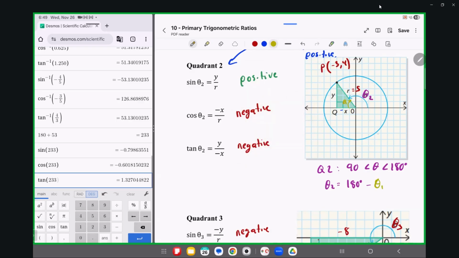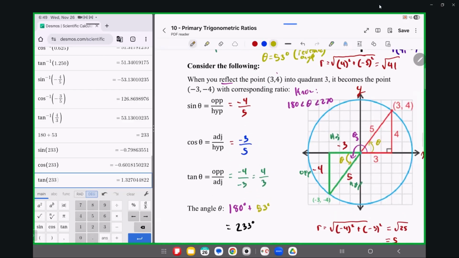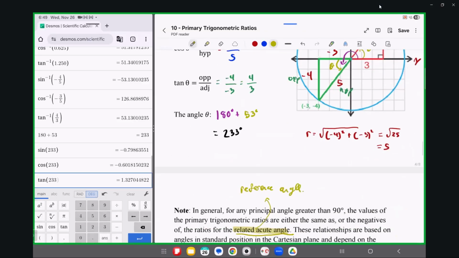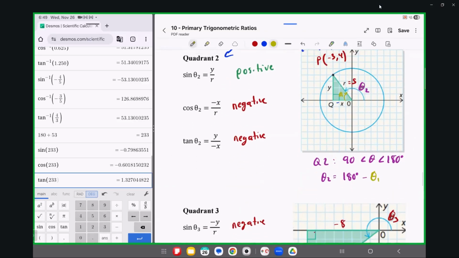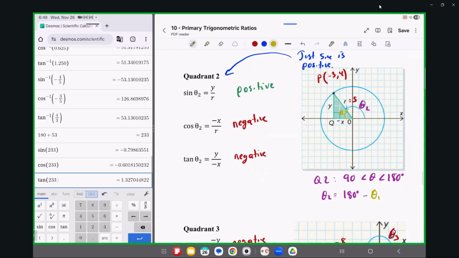So if we have theta 1 in the first quadrant and we reflect it over, then we can figure out theta 2 by just determining the angle in quadrant 1 and then subtracting it, just like what we did for our example. We could figure out the angle in quadrant 3 because we just used the positive version in quadrant 1. So if we have the quadrant 1 angle, we could just take 180 minus the quadrant 1 angle.